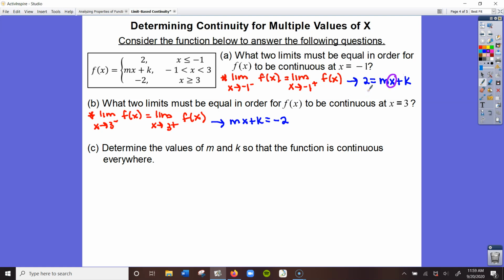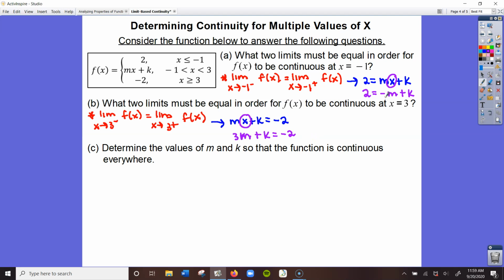So this equation would read 2 is equal to negative m plus k. And this one here was written from the limits as x is approaching 3, so I'm going to plug in x equals 3. And that would give me 3m plus k is equal to negative 2.